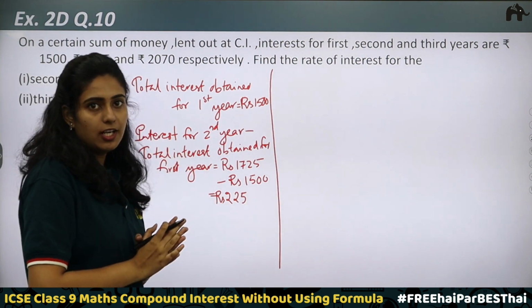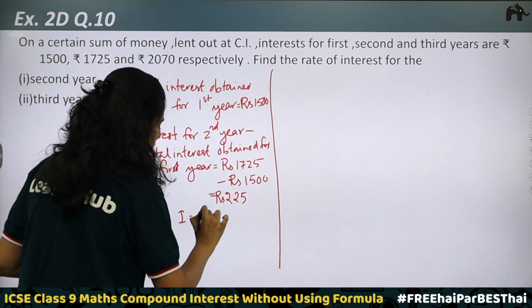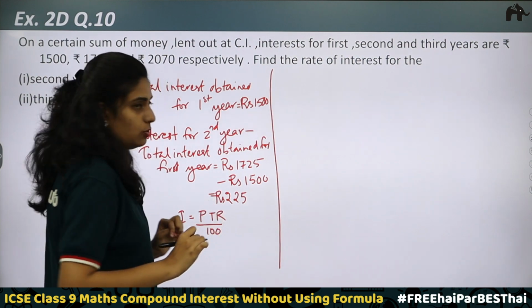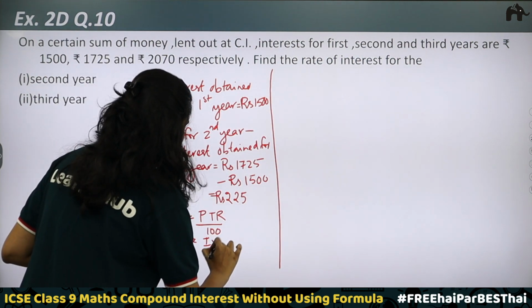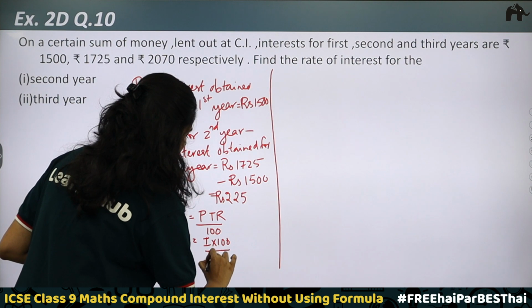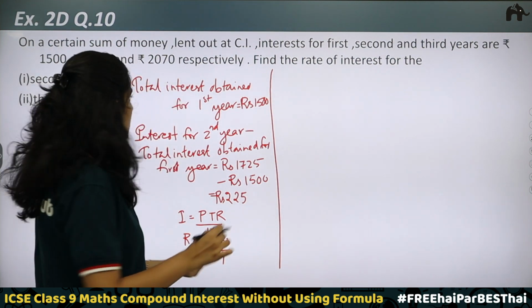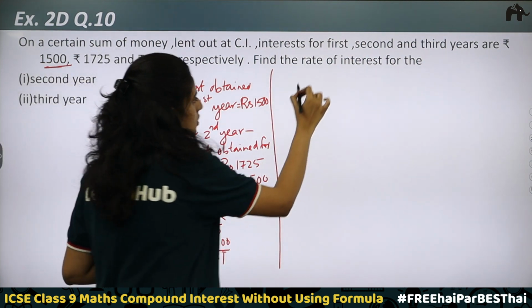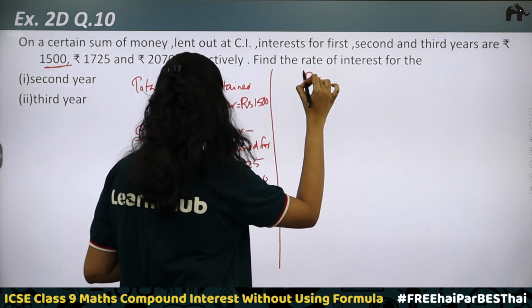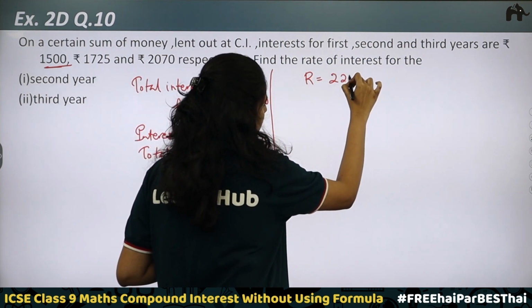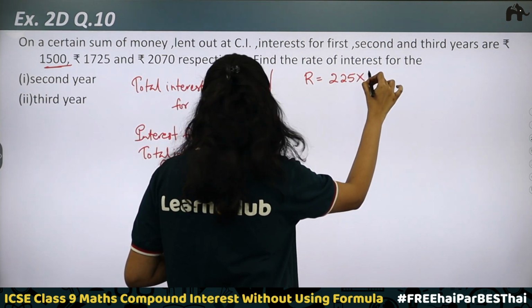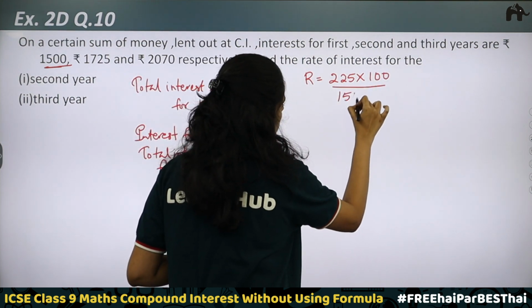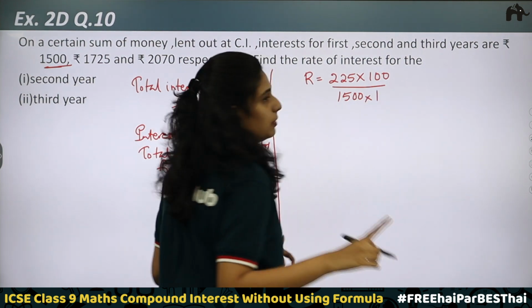Now how to find rate of interest? We have interest is equal to PTR divided by 100, which means R, rate of interest, will be equal to interest into 100 divided by principal into time. Here the principal will be this amount, that is the total interest obtained for first year. So the rate of interest is equal to interest amount, which is 225 into 100 divided by the principal 1,500 and time will surely be 1 year.